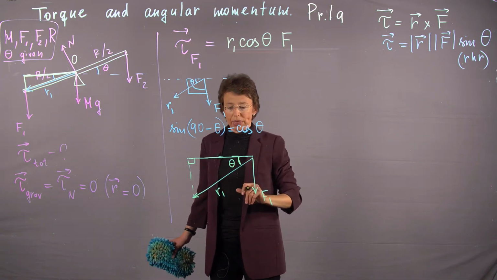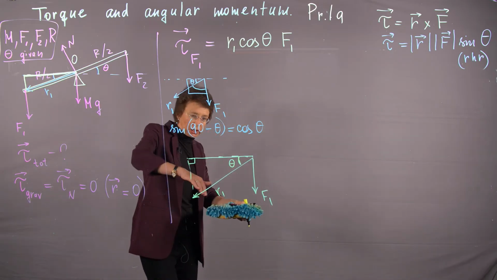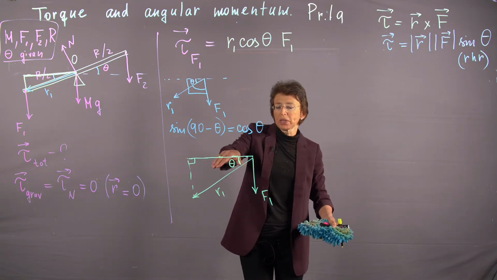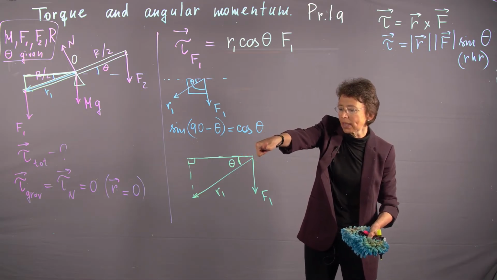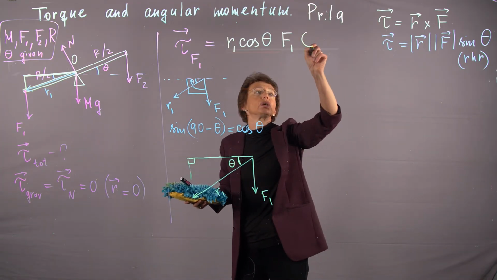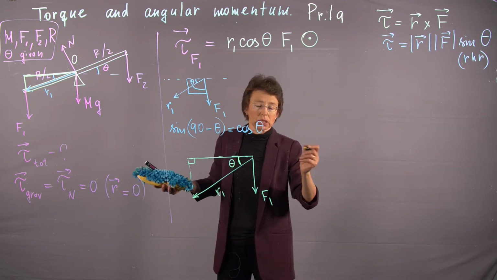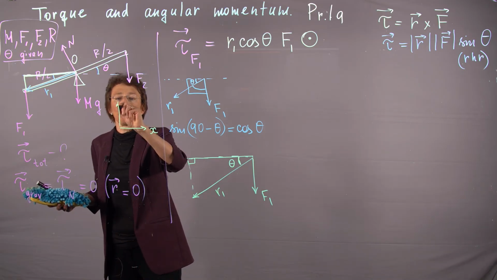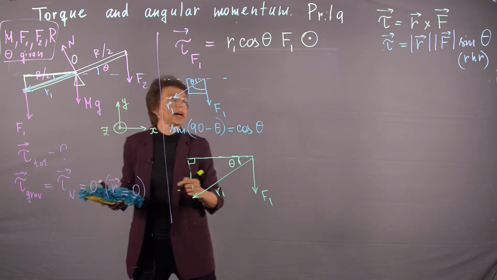And now I need to find the direction. To find the direction, you take your right hand and put it along R1, and our choices are in or out of the board. You bend your fingers towards F1, and your thumb shows you the direction, which is out of the board. If you introduce a coordinate system, for example x to the right, y up, and x, y, z following the right-hand rule, so z is out.